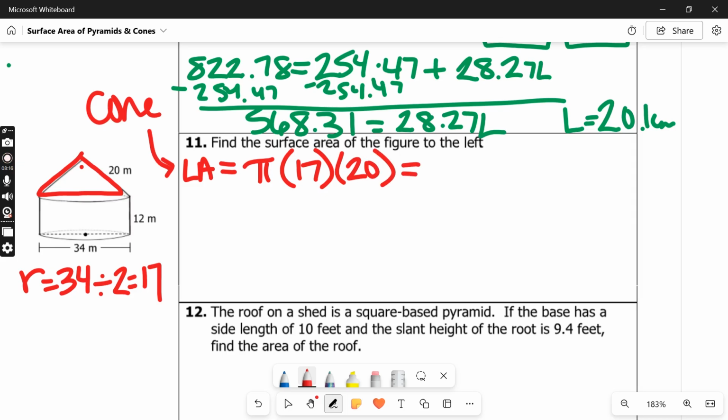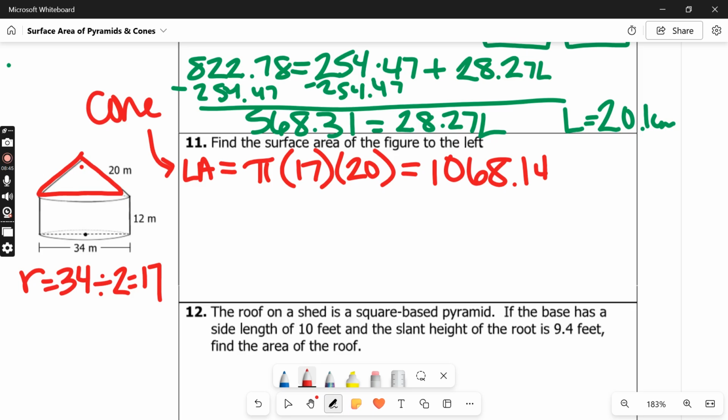So I'm doing pi times 17 times 20. And that's going to be 1068.14.